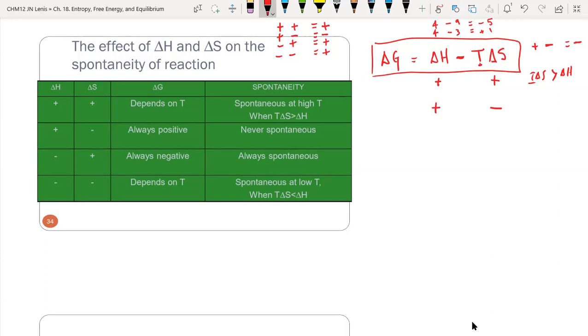Second case, delta H is positive, that will be an endothermic process, nature doesn't like that. It's not attracted to do that. What about delta S? Negative. The system is gaining order.